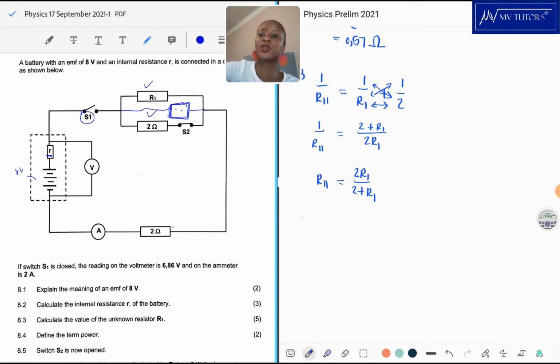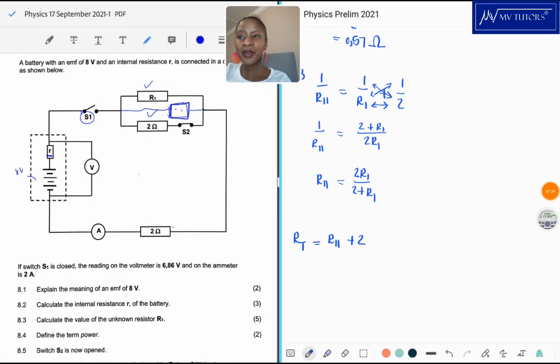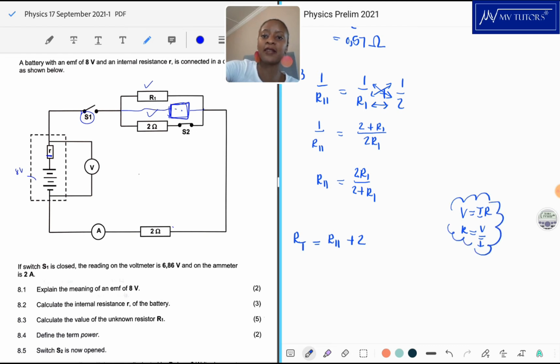Then we should have our total resistance, which is going to be the resistors in parallel, as well as the 2 over there. But how do you get your total resistance? Remember, while the current was flowing, you had the reading on the voltmeter as 6,86. So if you want to get the total resistance, bearing in mind that V is I times R, R is V over I. This is just you knowing that for yourself.